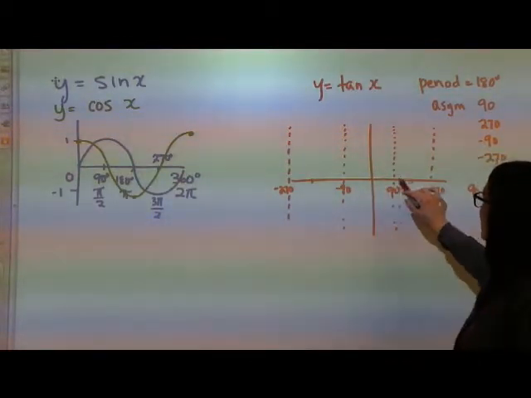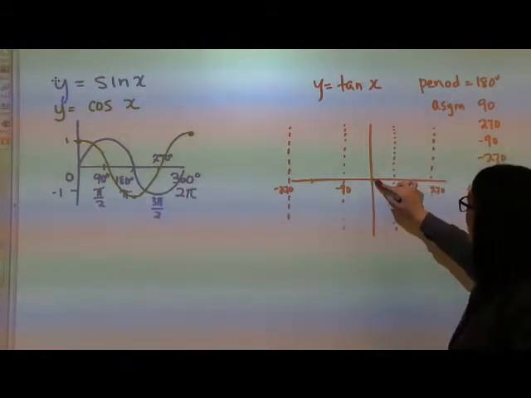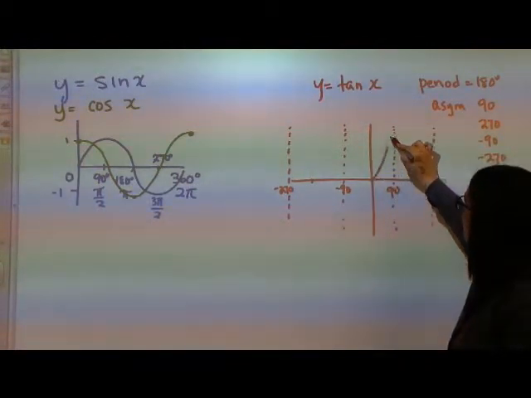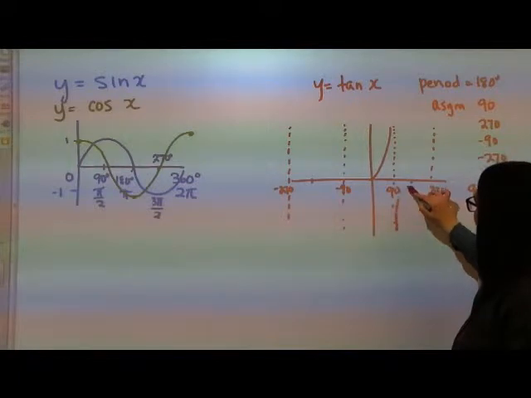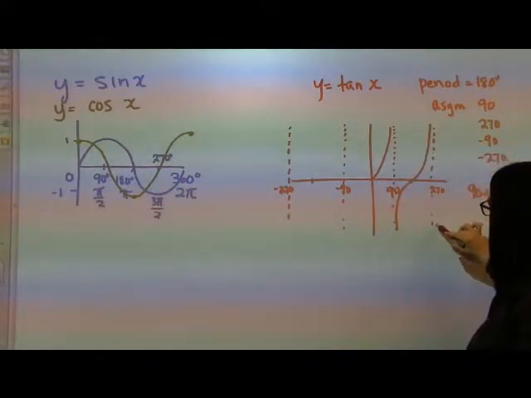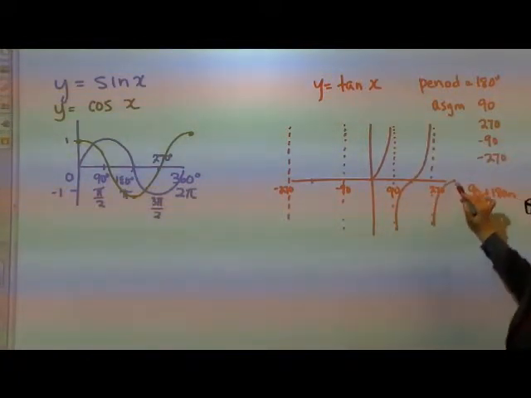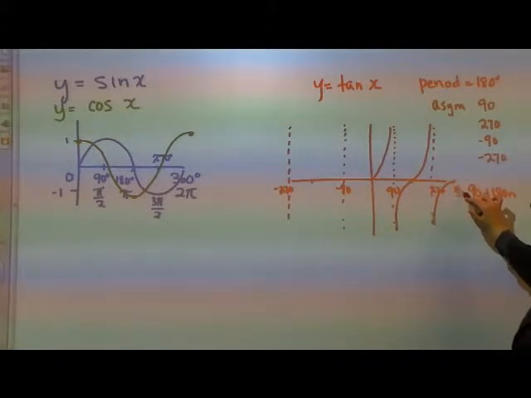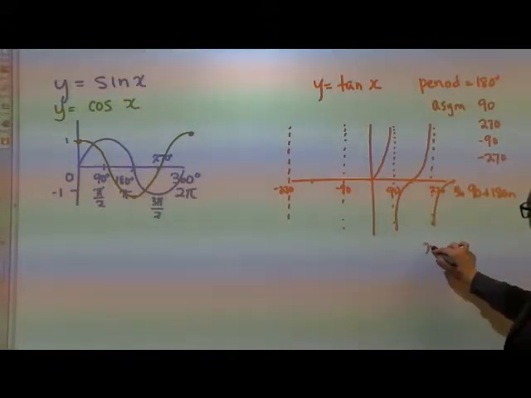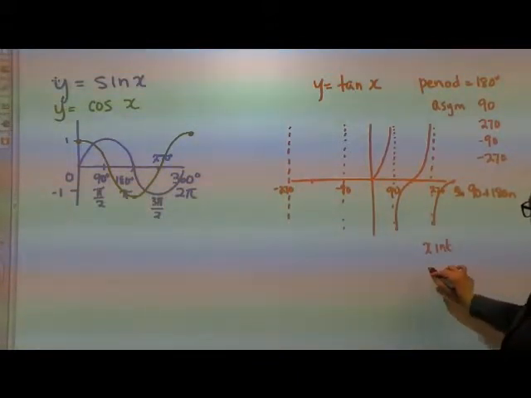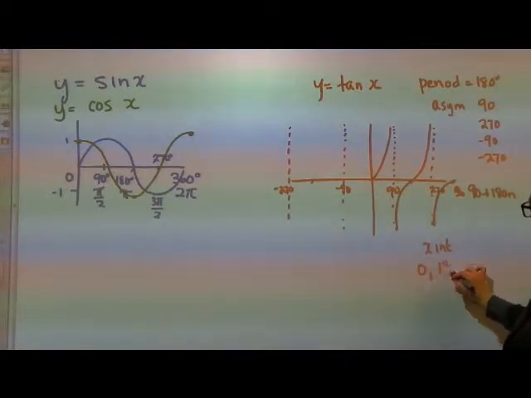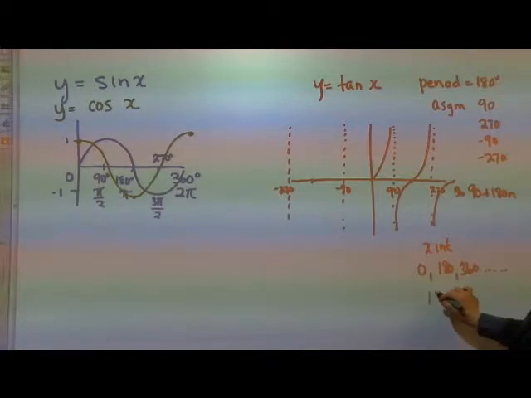If I'm starting from 0 to 360, what I see is this, this, and this. So this point here would be at 360. So I have x-intercepts at 0, 180, 360, and on, or multiples of 180.